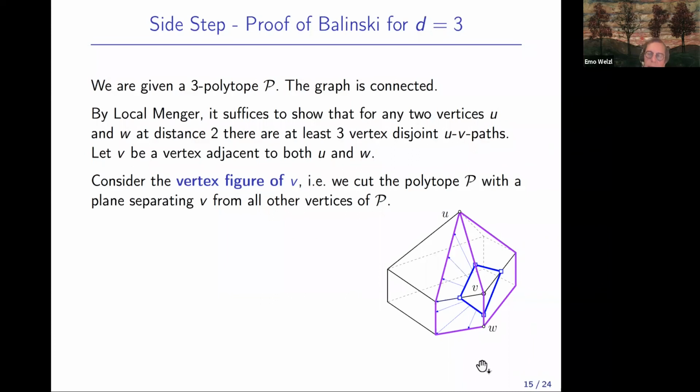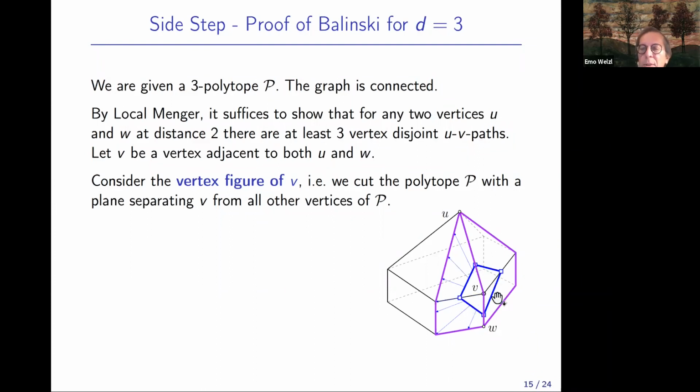I should say that on the one hand, this is not the way Balinski is usually shown. There's a nice proof using linear programming, or ideas from linear programming, to do this. On the other hand, this proof here, which I explained to you in dimension 3, you can turn into an inductive proof for Balinski in general, because what we basically said is we take the vertex figure of a vertex.